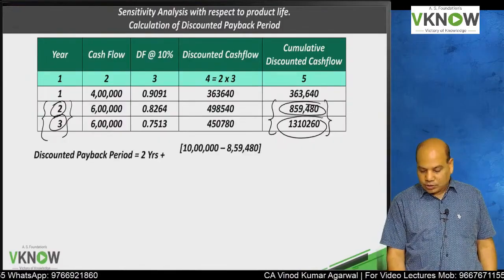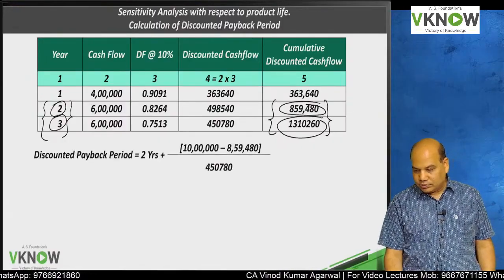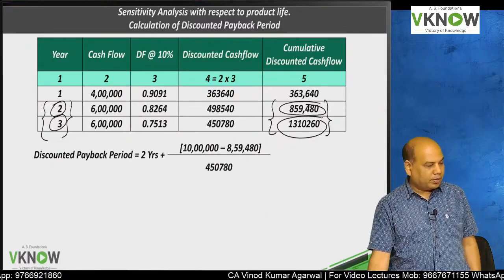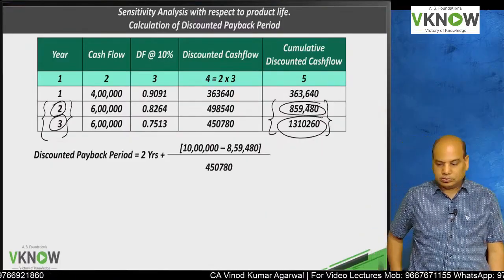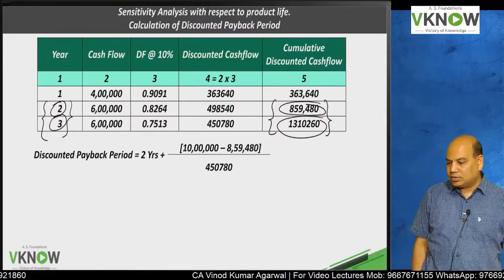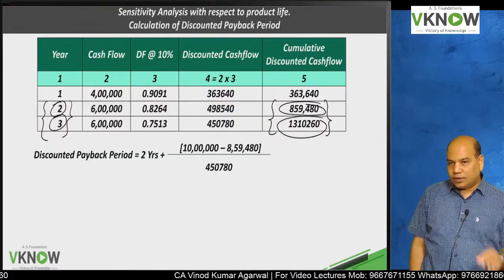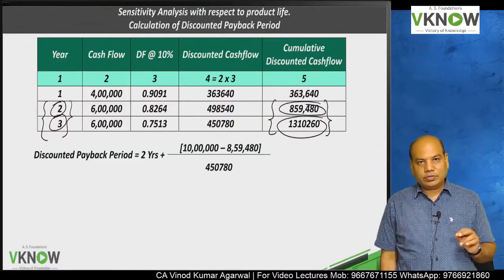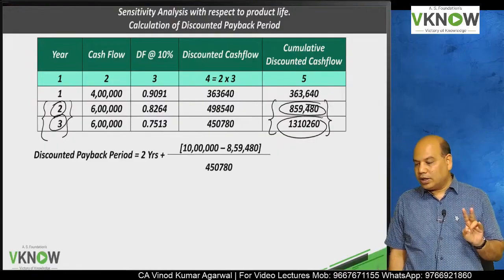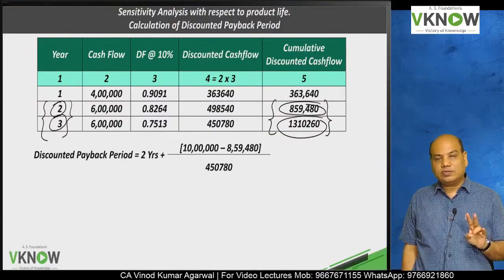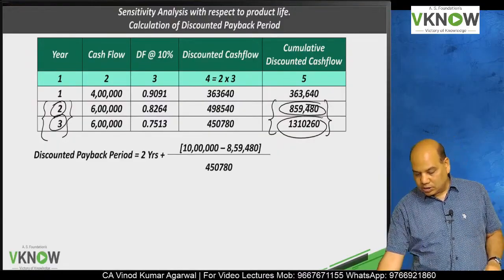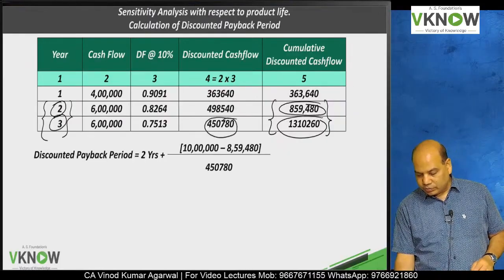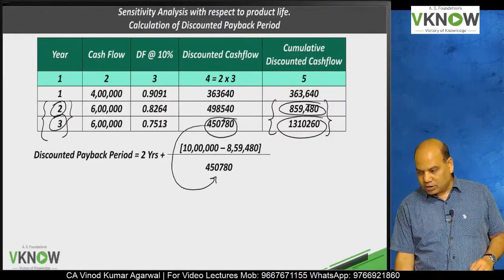So write down, discounted payback period is equal to 2 years plus. You have to recover 10 lakh. In 2 years you have recovered 859 480, so 10 lakh minus 859 480, but the third year cash flow is 450 780.